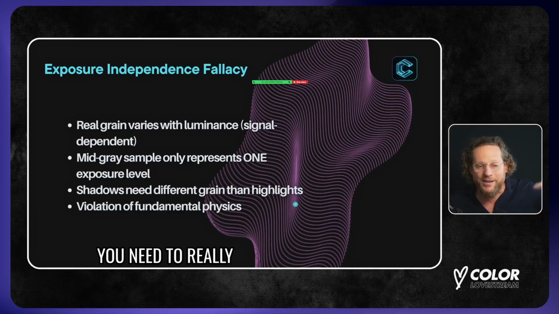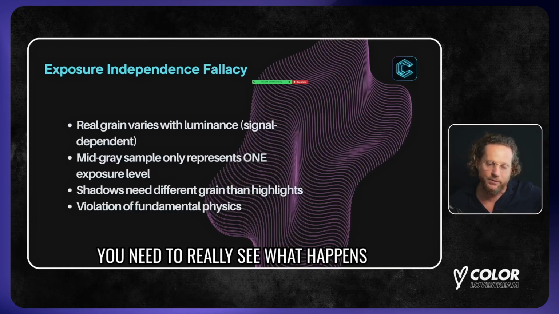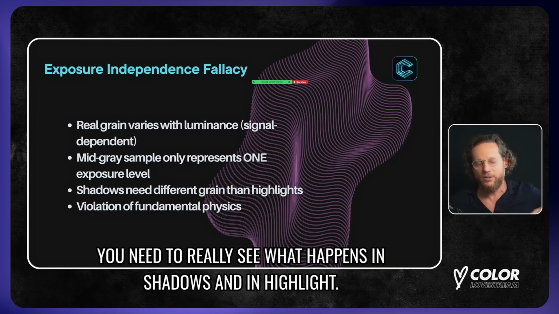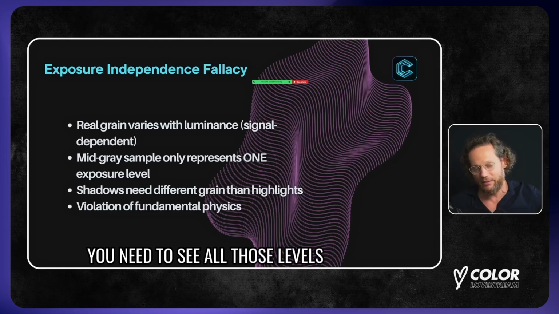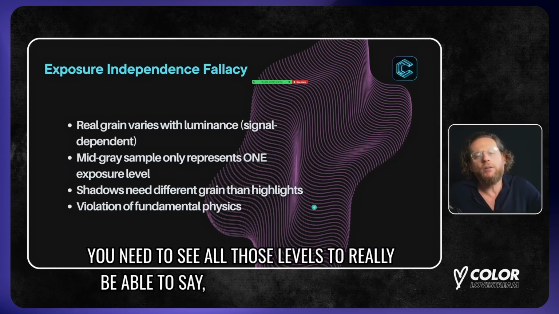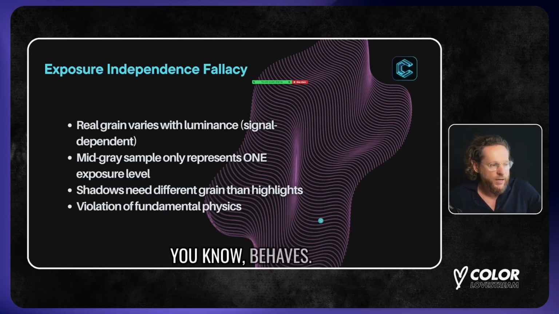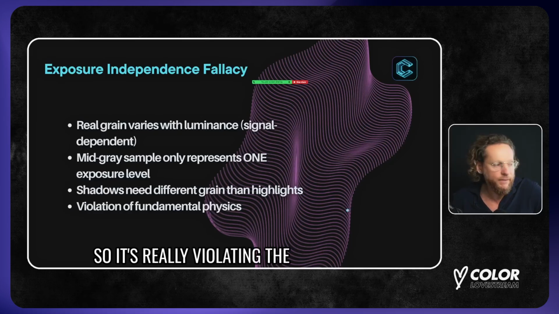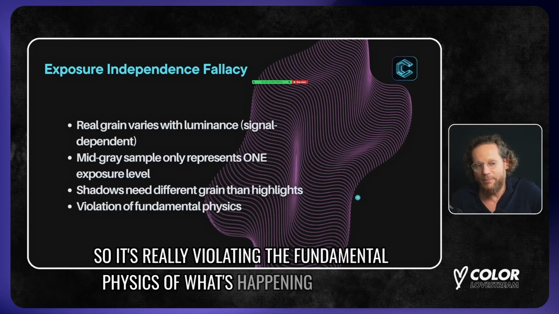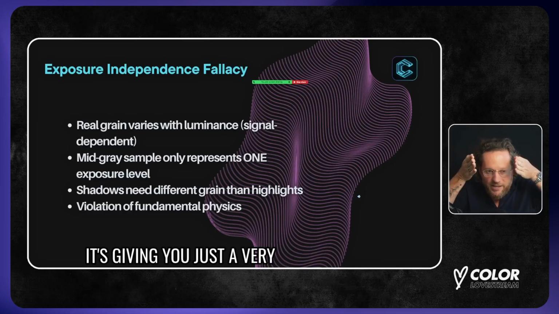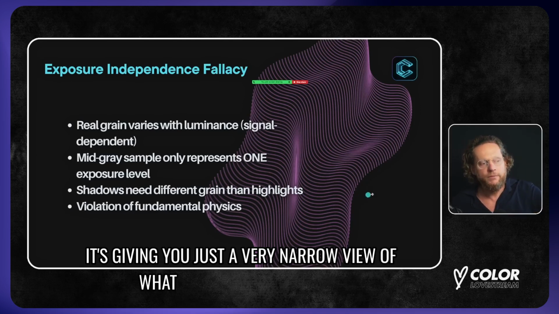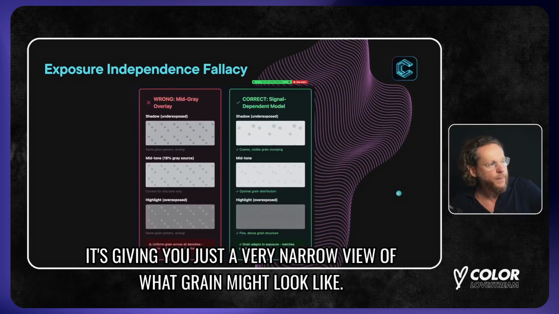You need to really see what happens in shadows and in highlights. You need to see all those levels to really be able to say, this is how film grain behaves. So it's really violating the fundamental physics of what's happening with the grain. It's giving you just a very narrow view of what grain might look like. Okay?